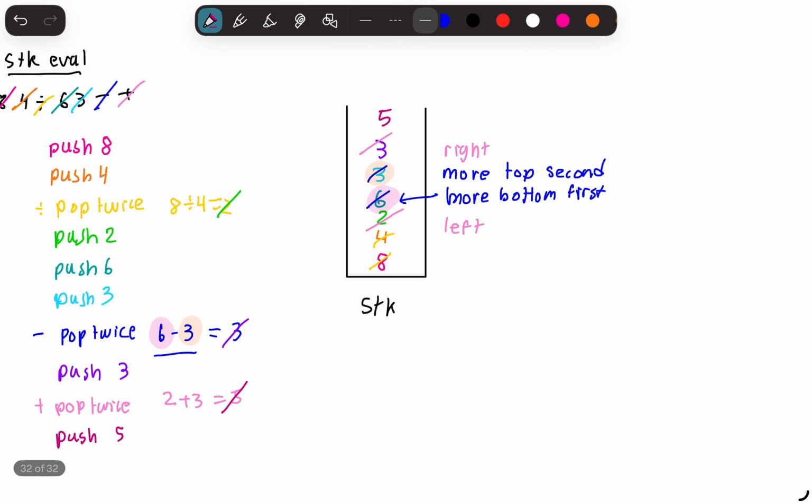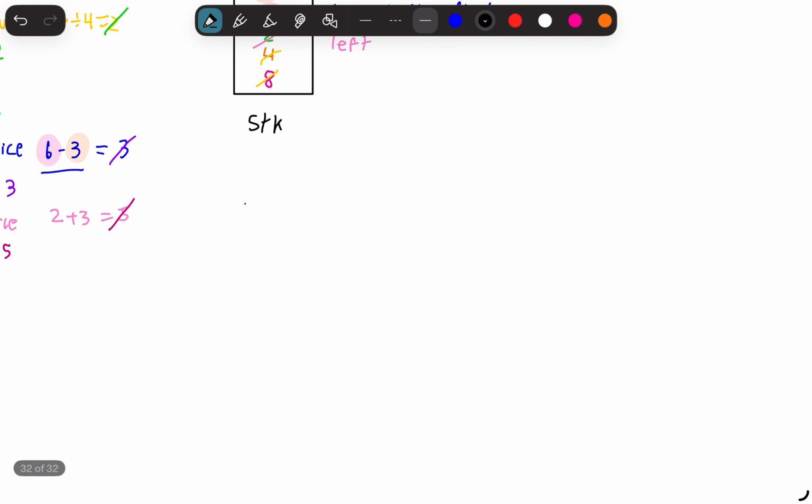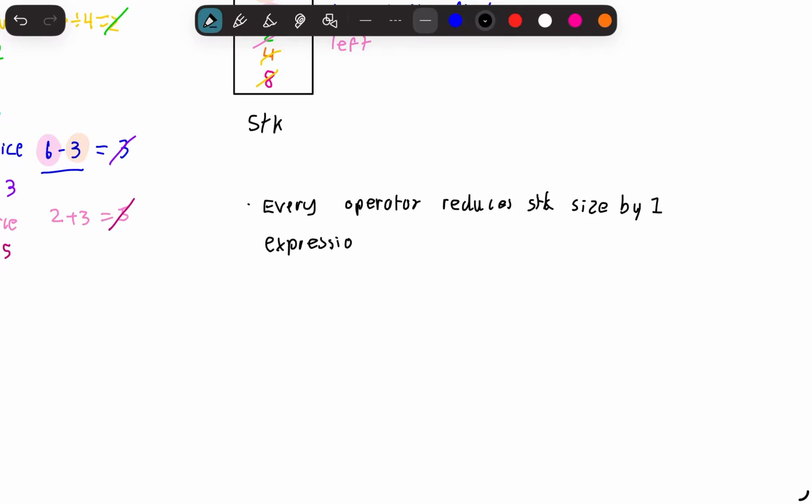Some things I want you to notice from this one is that every operator reduces stack size by 1. The reason is because an expression, at minimum, is always going to be like blank plus blank, or blank divided by blank.